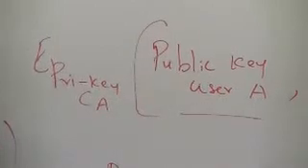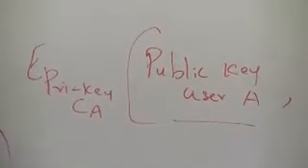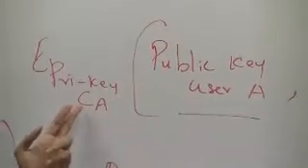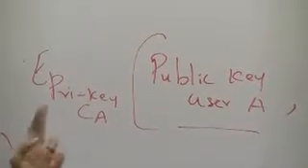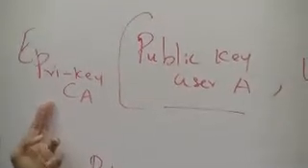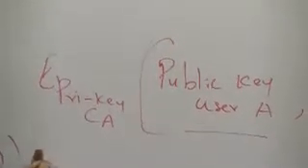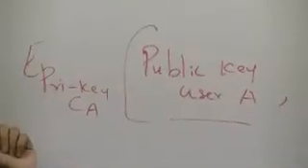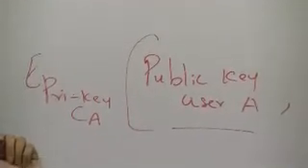You see what it means? Clear? Nobody else can sign this, right? Because the private key is known only to the certifying authority. So nobody else can sign for the certifying authority. Okay?